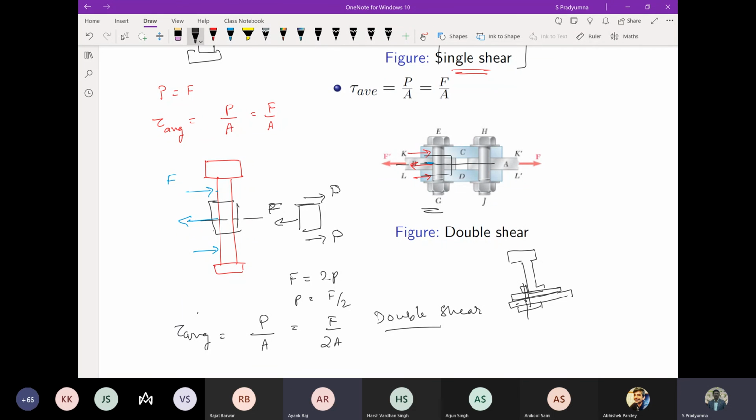This type of bolting, and when the rail ends, the two rails are joined with a gap in between. This is because you are attaching one plate here, one plate here. So that means it is similar to this arrangement. This will be under double shear, yes.